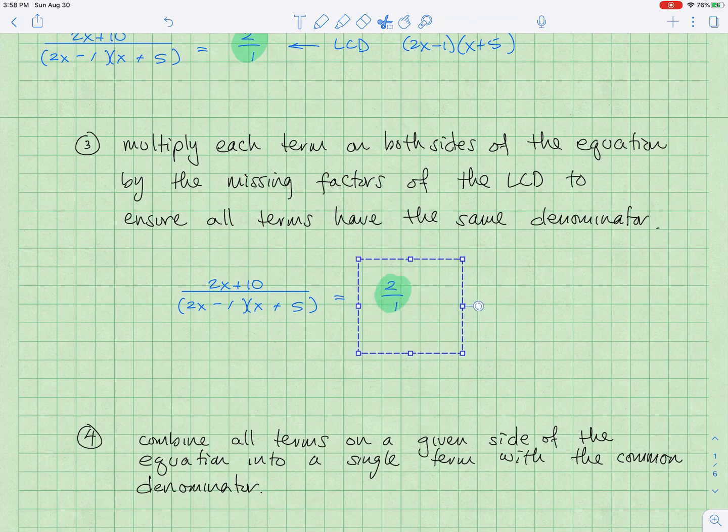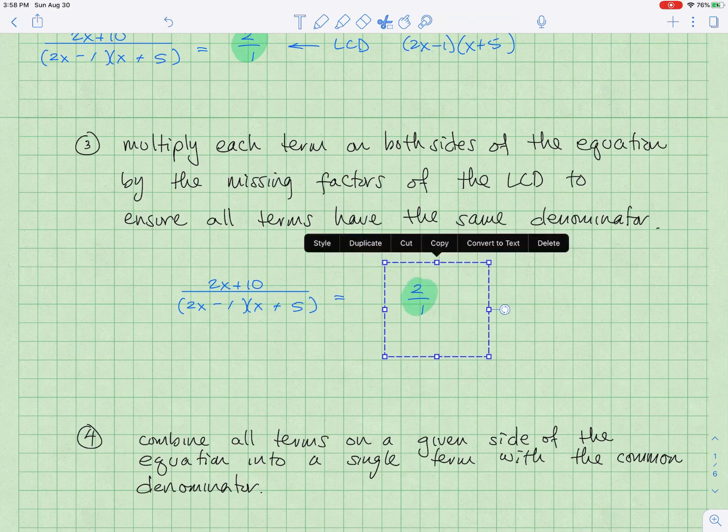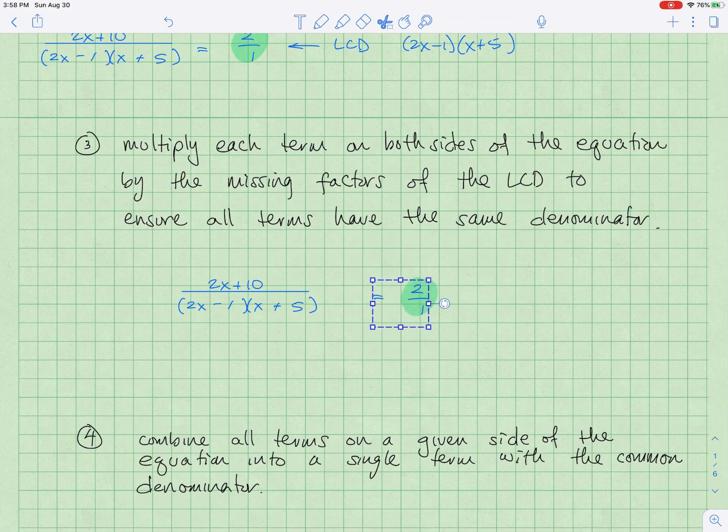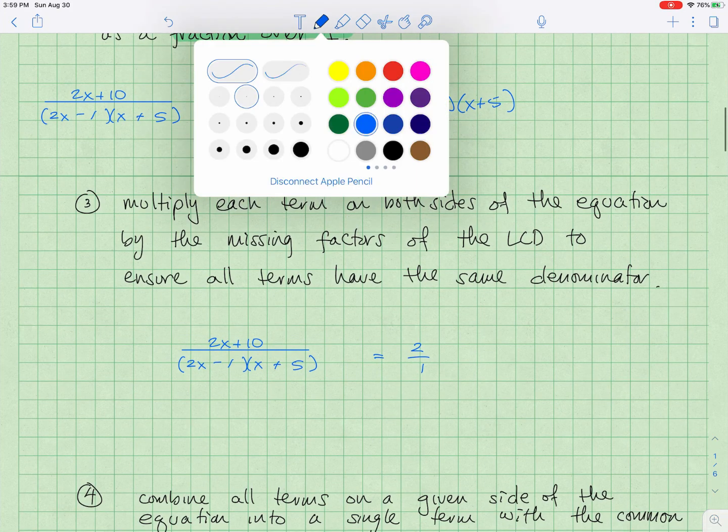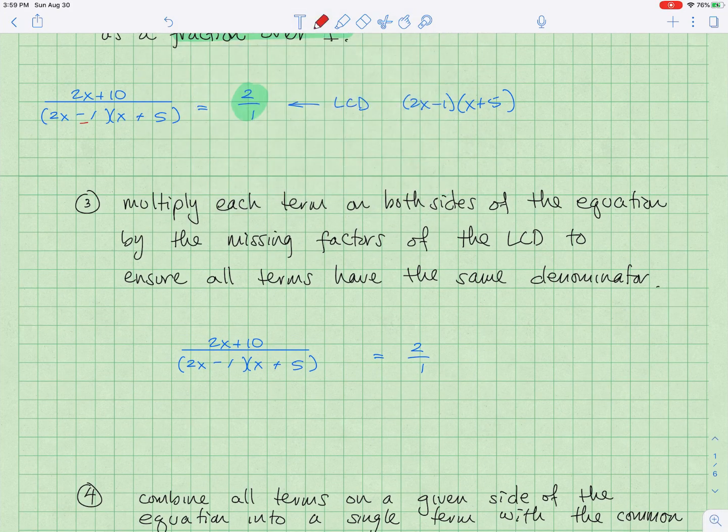Not a whole lot of work to do here. And if we want, we could do the following. Let's erase some of this. The LCD is 2x minus 1, x plus 5, and I guess a factor of 1.